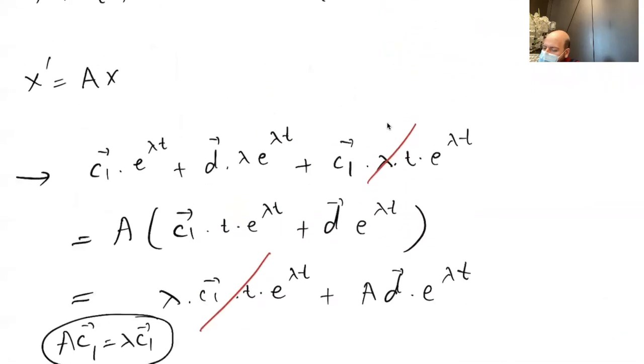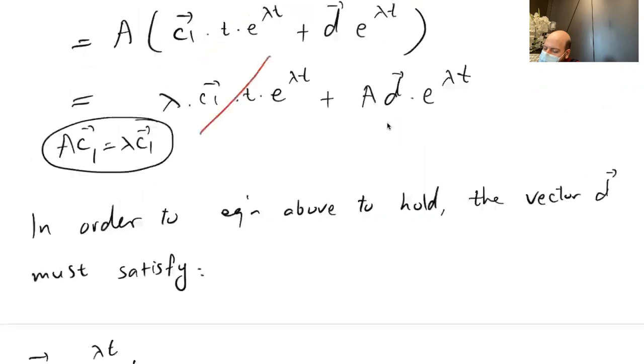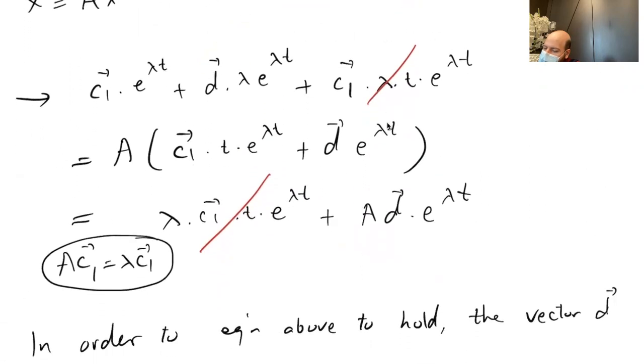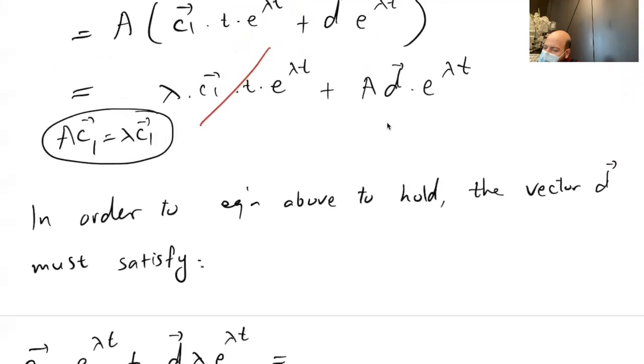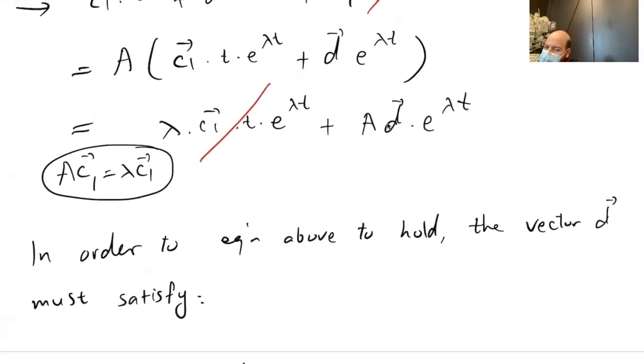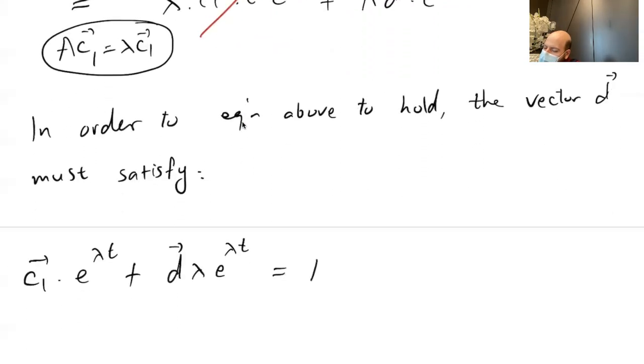Must satisfy which equation? It must satisfy C1 e to power lambda t plus d lambda e to power lambda t equals the right-hand side, the term that is left, because there were two terms, one of them was canceled out, and I'll be left with the second term, which is Ad e to power lambda t.